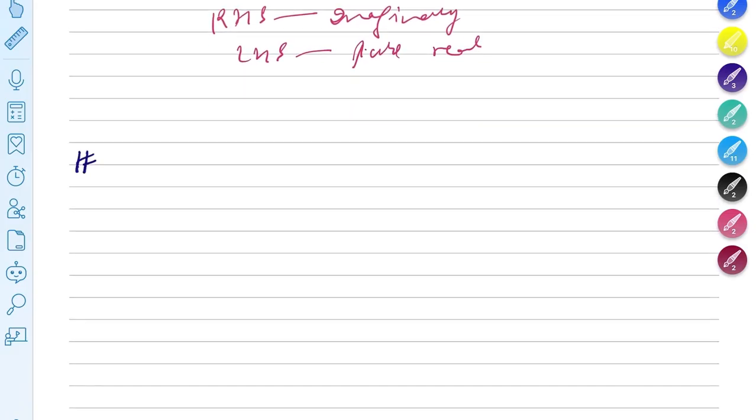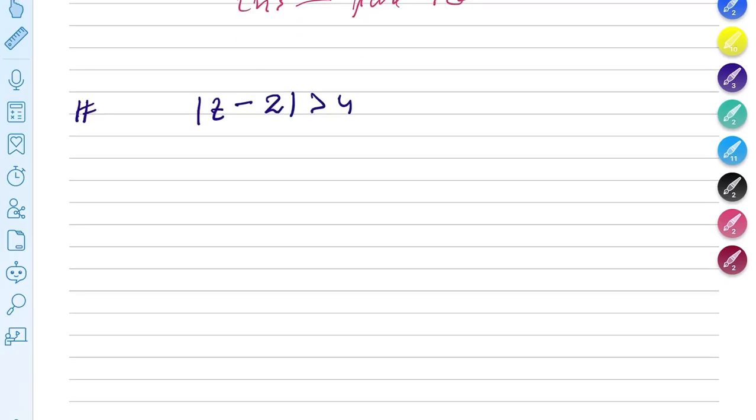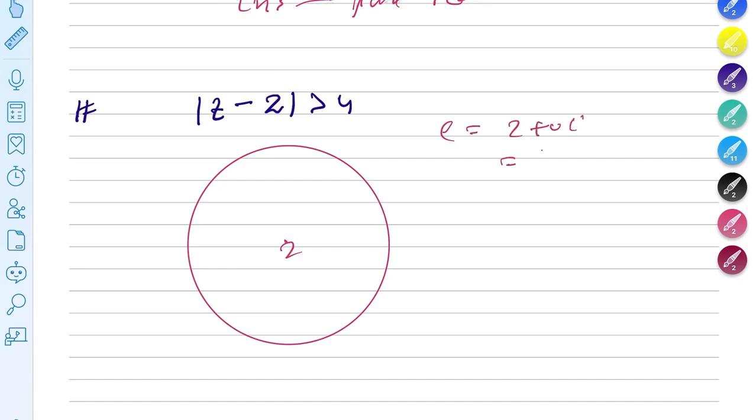Now let's take one example: modulus of Z minus 2 greater than 4. This clearly represents a circle with 2 as center, that is 2 plus 0I or (2, 0), and the radius is 4. We first solve the equality.